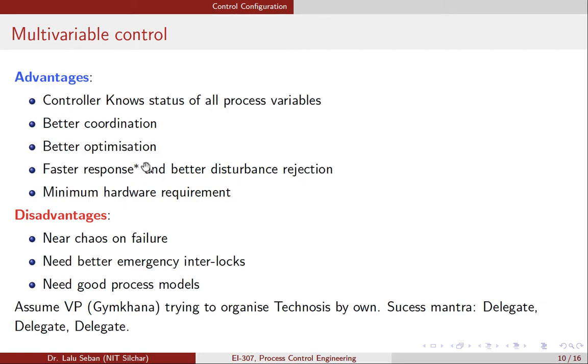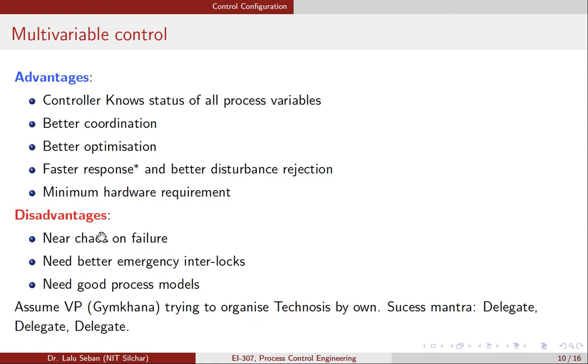Okay, so there will be faster response, provided the controller is having enough computational power. And another important thing is the minimum hardware requirement. The wiring required will be very little. You need only one controller or one computer to control the entire process.